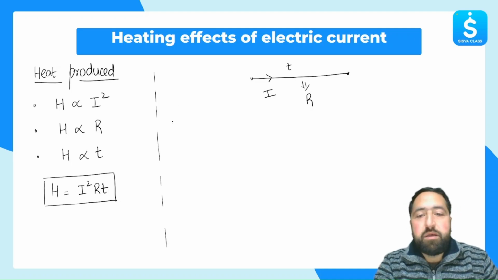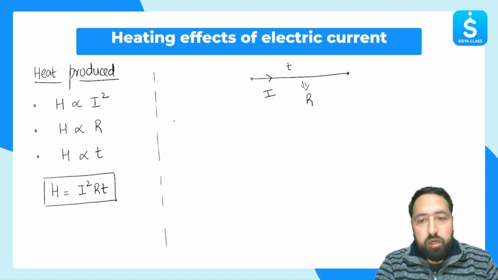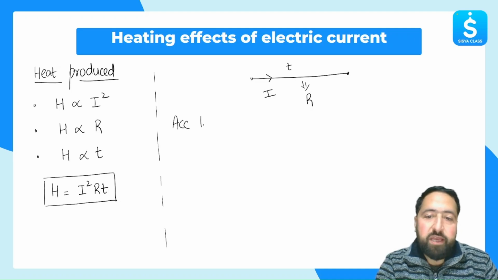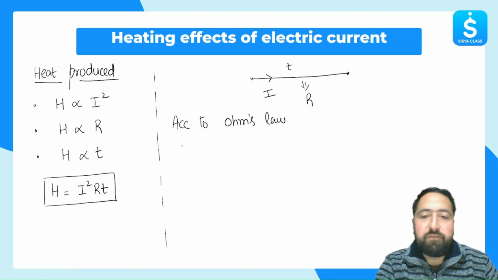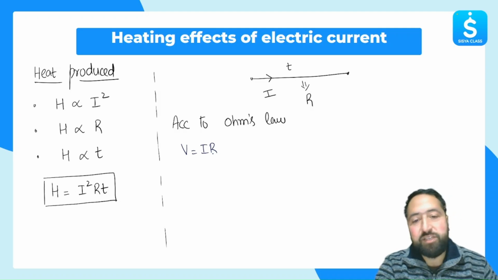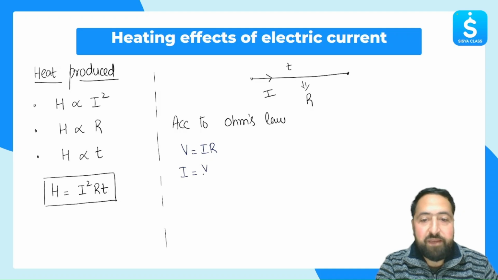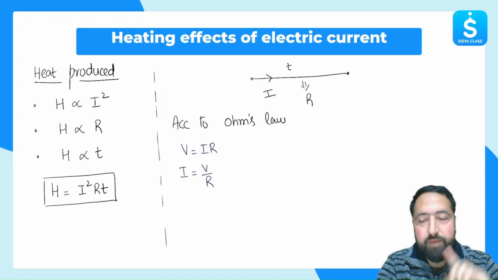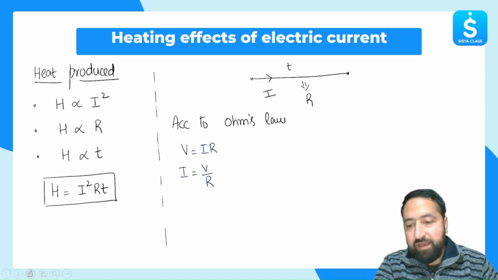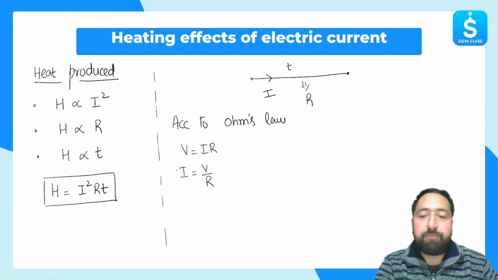You must know Ohm's law. According to Ohm's law, V equals I into R, isn't it? Yes, it is. So you would say that here I can write I equals V divided by R. Just put this value of I in this equation.